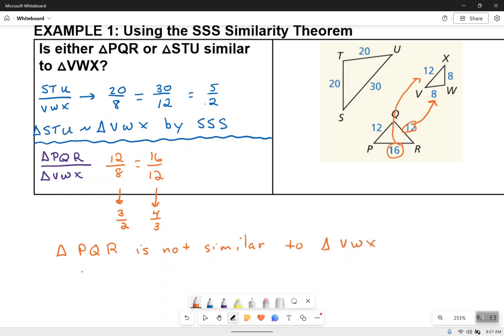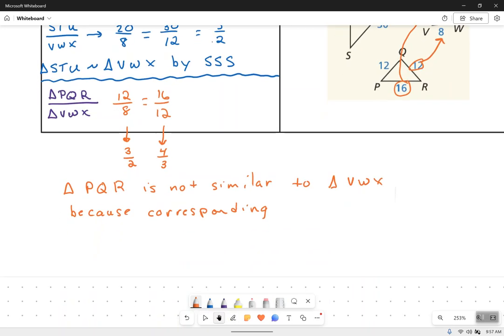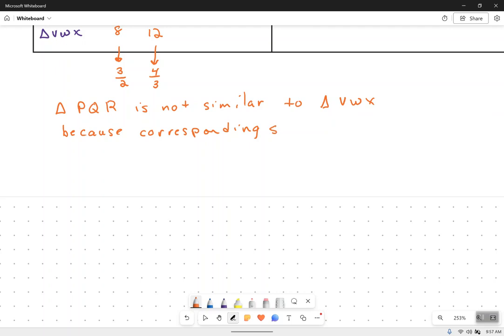Because the sides are not. What was the word I underlined up there in that side, side, side theorem? I'm going to write this way, because corresponding sides are not, what was the word again for me there, Reese? Proportional.